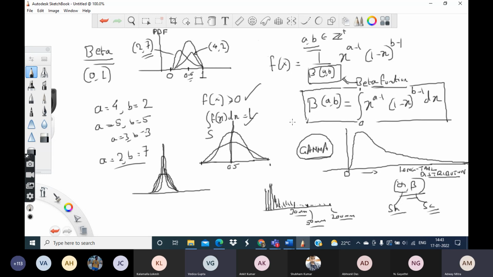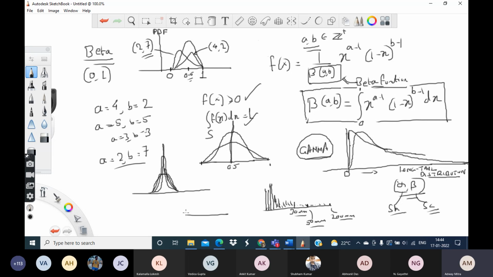For some values of alpha and beta, we may see a very sharp rise to the peak, and then descent from there. For different values of alpha and beta, we may also see different heights of the peak.